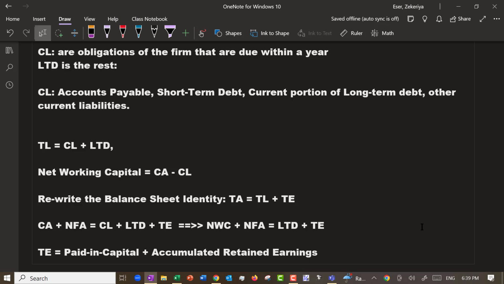And when you start the company, you have $100 in capital. Then next year you earn $50 and you don't distribute any of it. That means you retain $50 of earnings for that year. You add that to accumulated retained earnings.